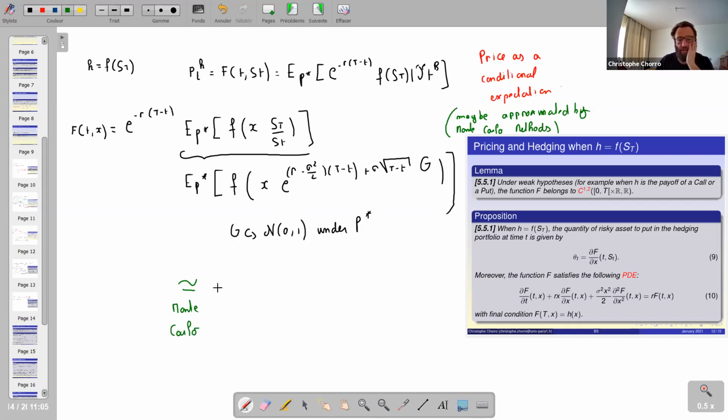By just using the classical approximation, I will include inside the exponential.